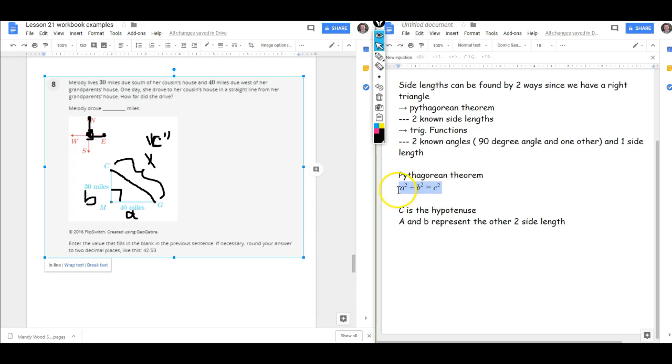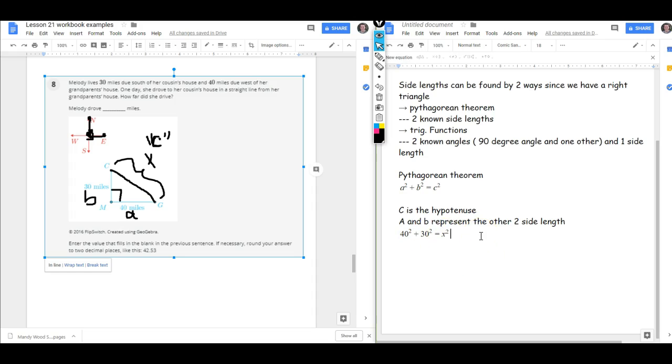Now I'm going to use this equation, and I'm going to use substitution. a is 40 miles. Little b is 30 miles. And side length c, I represented by x, so I'm just going to substitute x in.